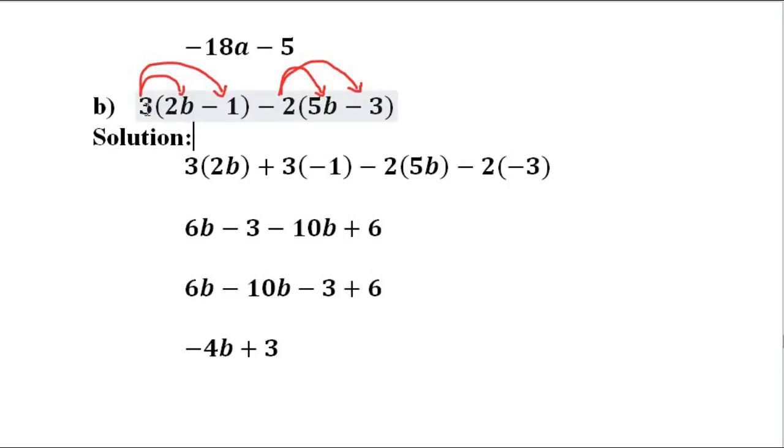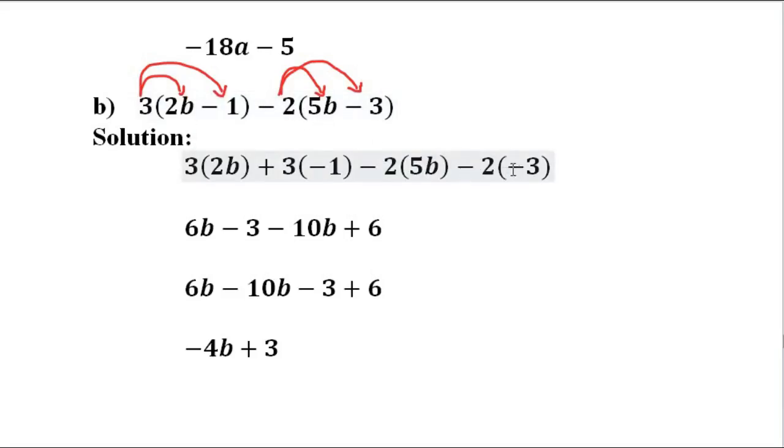Let's distribute positive 3 to the positive 2b and to the negative 1. Then we can distribute the negative 2 to the positive 5b and to the negative 3.